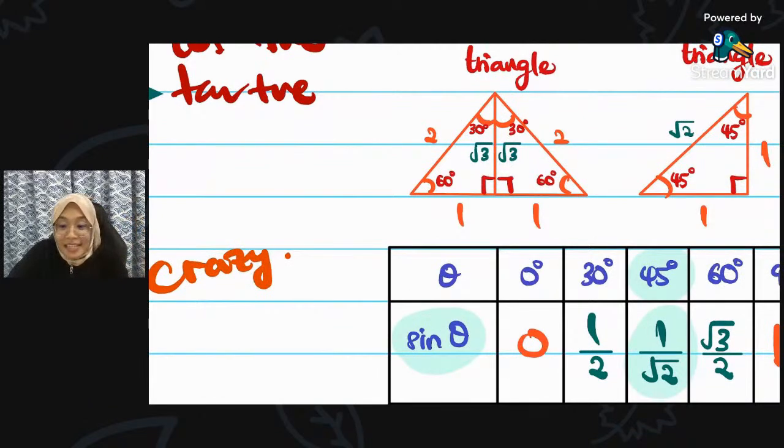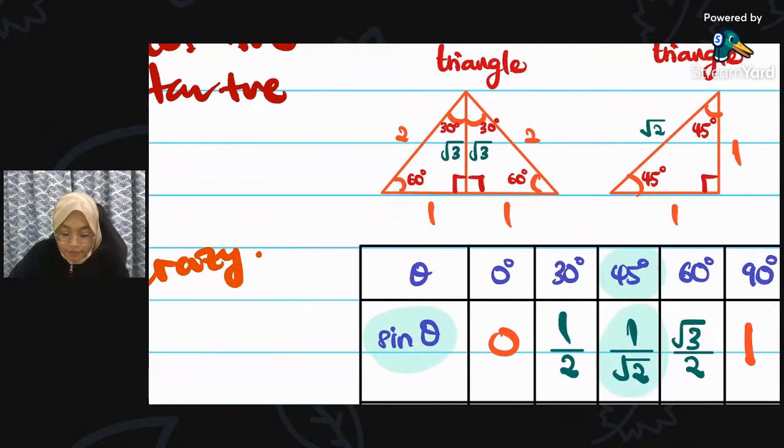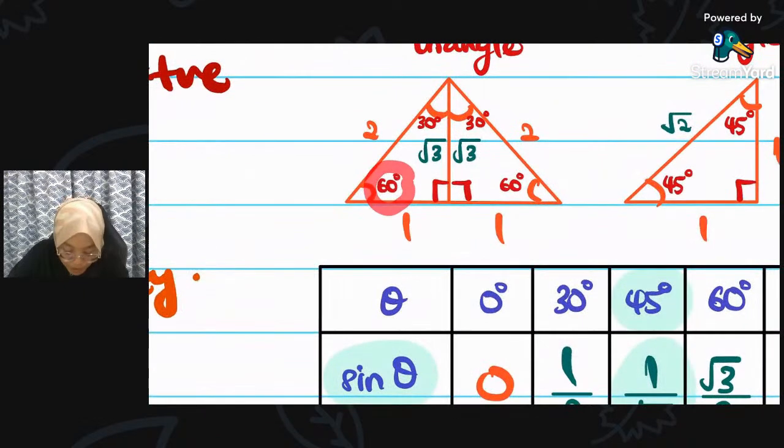These are actually coming from the right angle triangle. Right angle triangle ni, inilah terhasilnya kenapa dia nombor 60 degree.